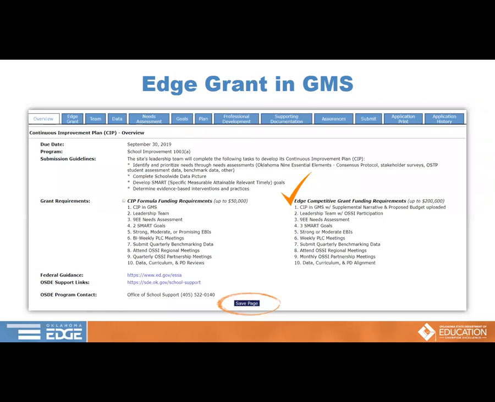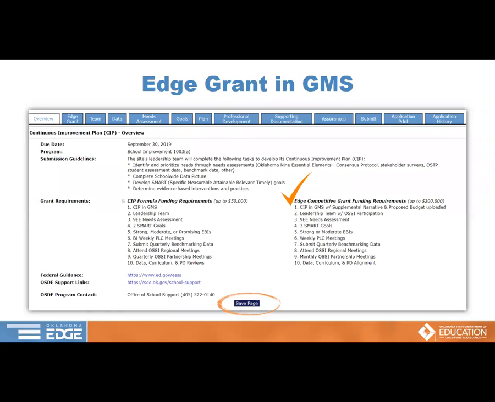The EDGE competitive grant requirements are basically the same as the CIP formula funding, but are more extensive or go a little deeper. In number 1, grant applicants will submit a supplemental narrative and a proposed budget for the additional funding. And number 2, grant recipients will include Office of School Support and Improvement participation in its leadership team.